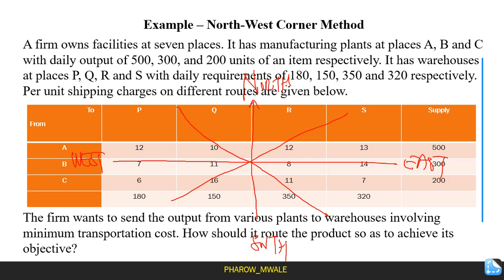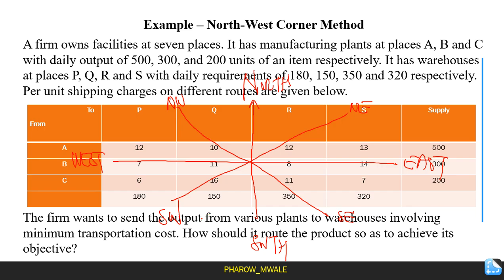The reason why it is called northwest is because this diagonal here, the top left part, is called northwest. Down here is the southeast. The top right diagonal is our northeast, and this one is called our southwest.